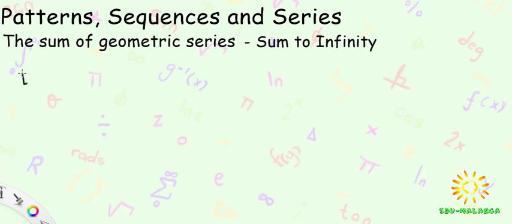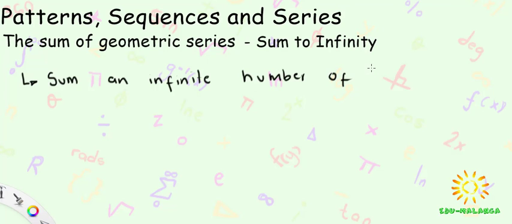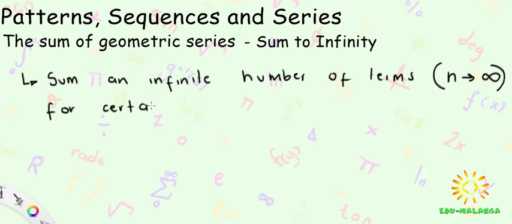From everything that I've explained, we understand that you can sum an infinite number of terms, which is basically n tending to infinity, for certain kinds of geometric series.